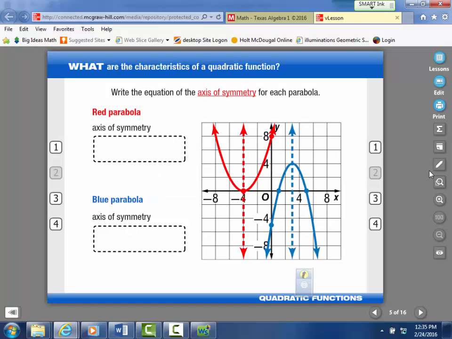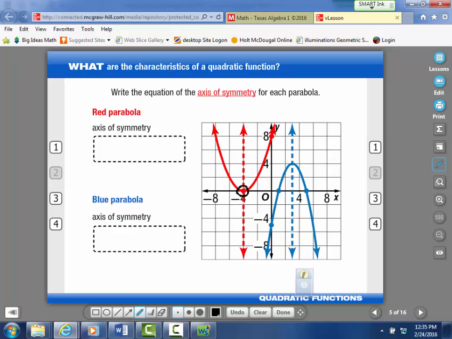All right, now that we know what the axis of symmetry is, how do we find its equation? It's pretty easy from the graph because it's going to go through the vertex right here. That's what that point is called. The maximum and minimum point is called the vertex.